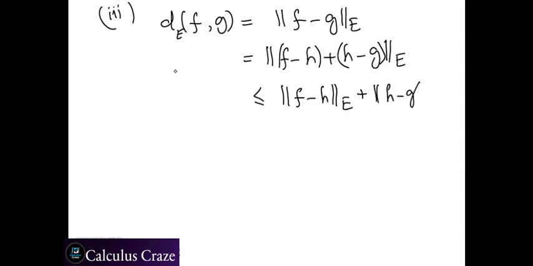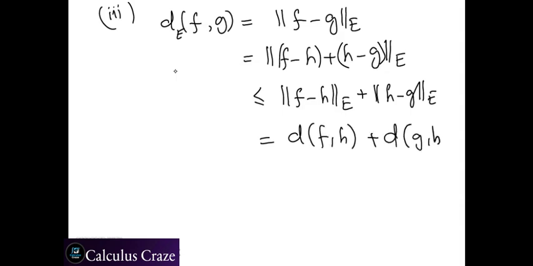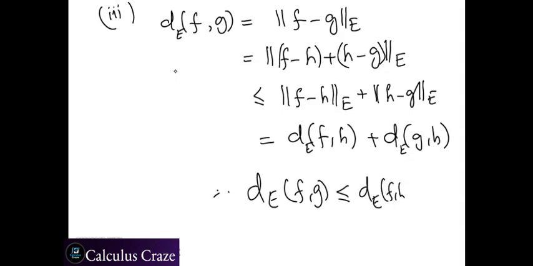So you have this. Now this is like the distance between f and h, and this is like the distance between h and g, and you can say that the triangle inequality is satisfied in E. I think this makes sense.